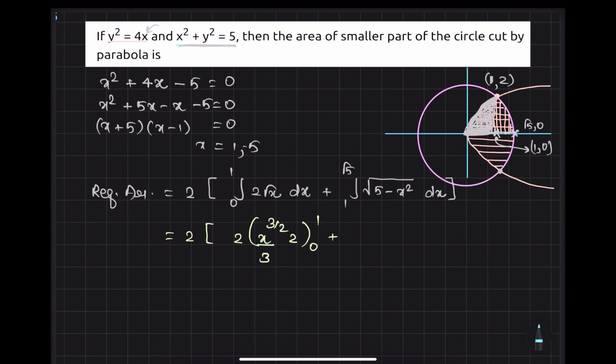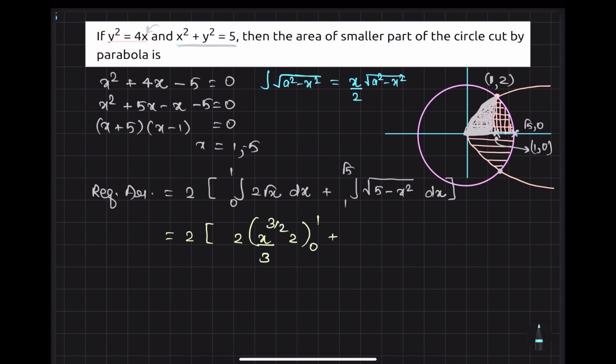Do you remember the integration of root over a square minus x square, right? It is the biggest formula. First it is x by 2 into root of a square minus x square.